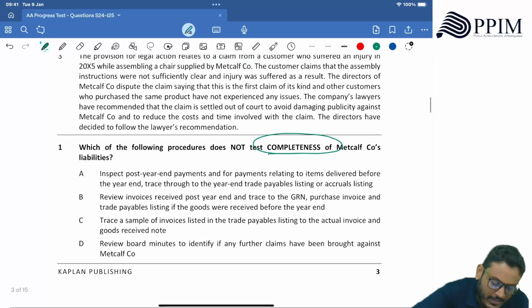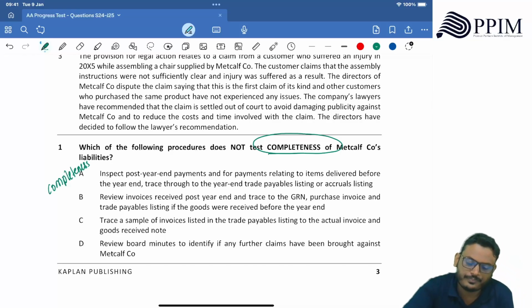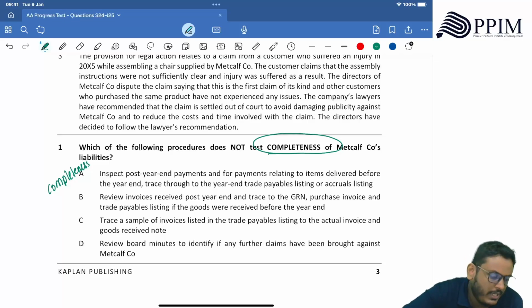So actually the first one is completeness. Review invoices post year end, trace to GRN and purchase invoice. GRN, purchase invoice, left to right. Again completeness.